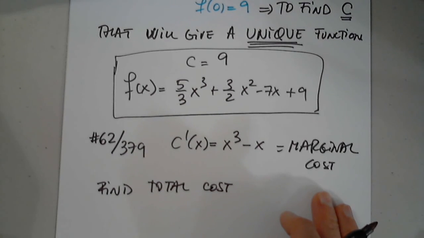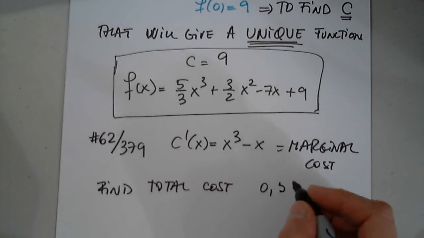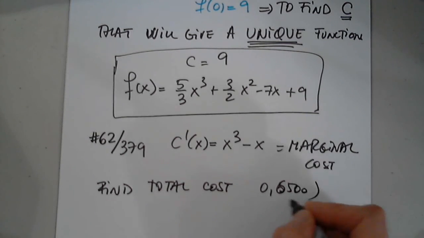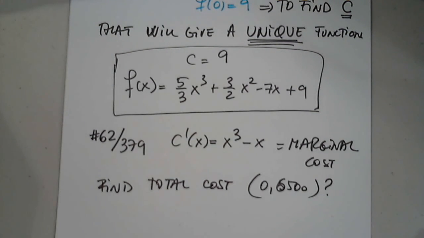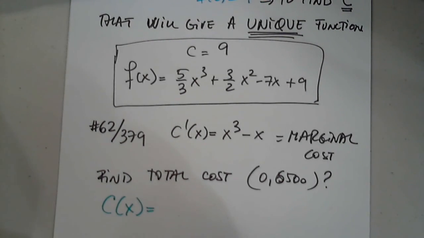And they're giving us the point (0, 6500). Why are they giving us this point? Are they asking us to find the most general cost function or the cost function that fulfills the given condition? Exactly.